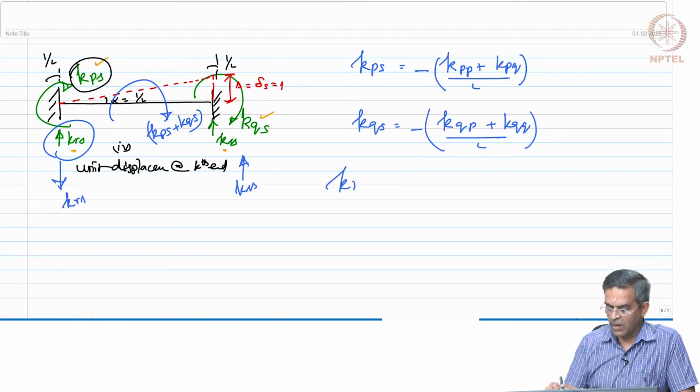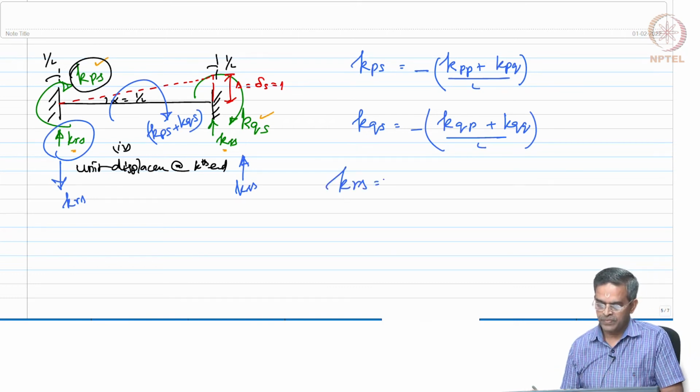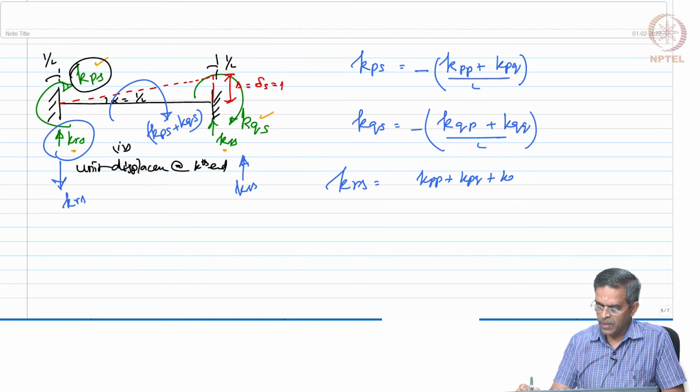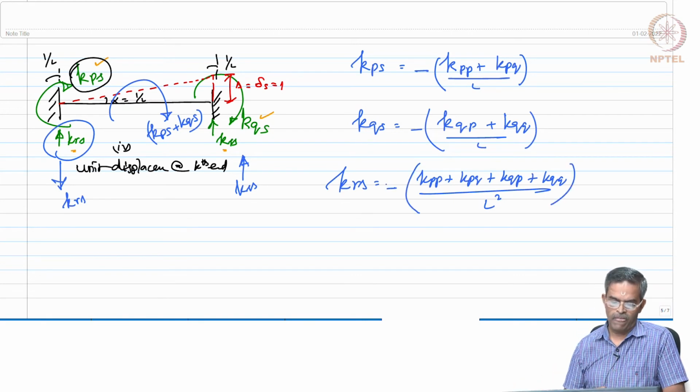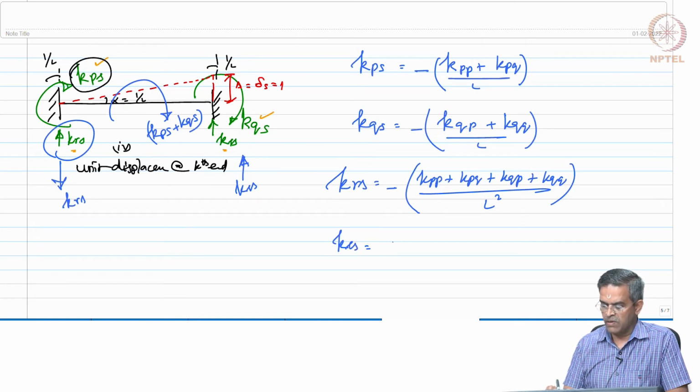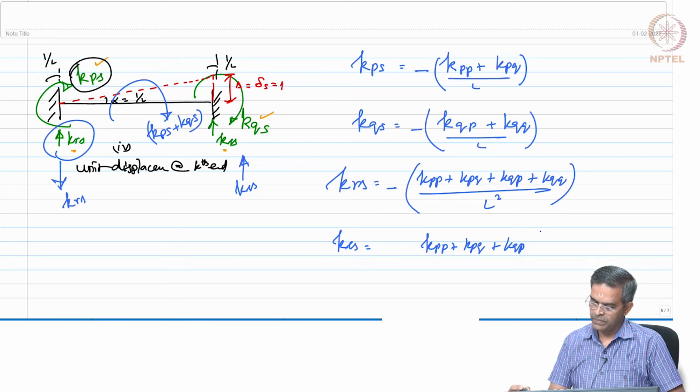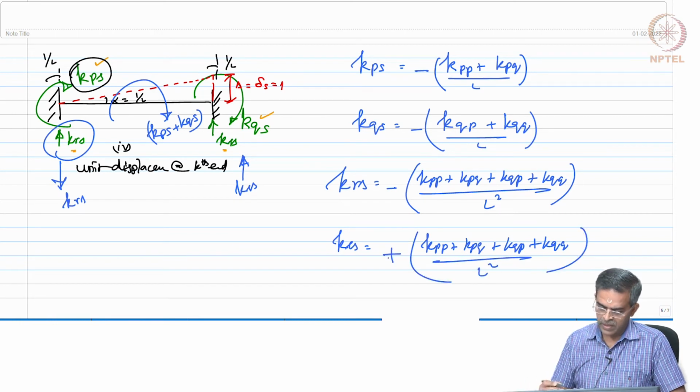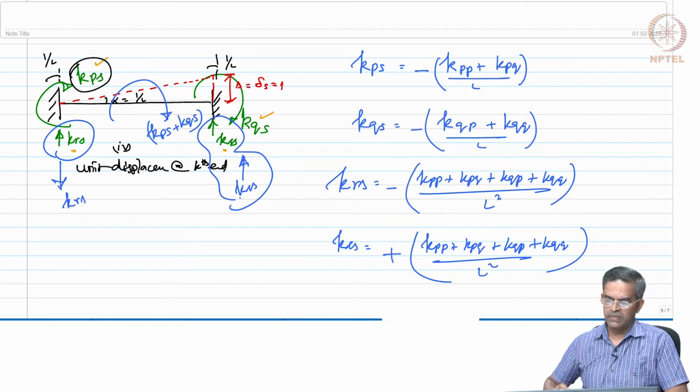So, I can now write KRS as KPP plus KPQ plus KQP plus KQQ by L square, but with the minus sign, whereas KSS will be KPP plus KPQ plus QP plus QQ by L square, but with a plus sign, because this sign matches with this.